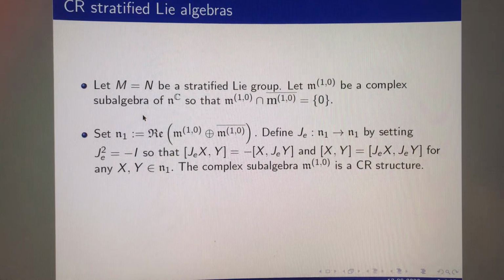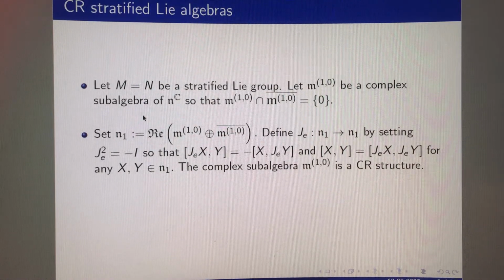So take N1 as a horizontal distribution. This N1 is equal to the real part of the direct sum of M^{1,0} and its complex conjugation, and define an almost complex structure on this horizontal distribution.